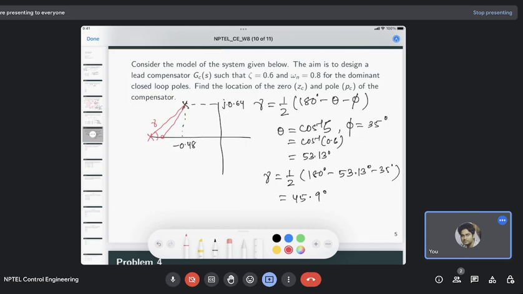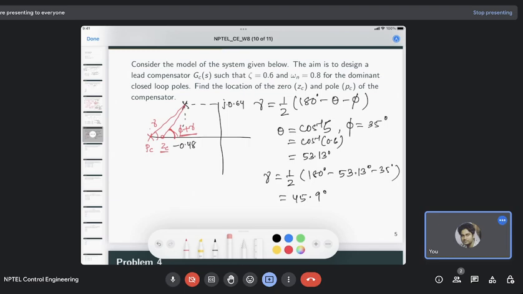This is the location of PC and this is ZC, and this angle should then be phi plus gamma. So the total contribution will be the angle contributed by the zero, which is phi plus gamma, minus the angle contributed by the pole, which is gamma. Their subtraction will be phi. So the total contribution of this compensator will be phi, right? That is what we need.